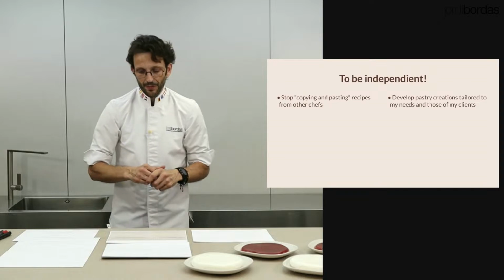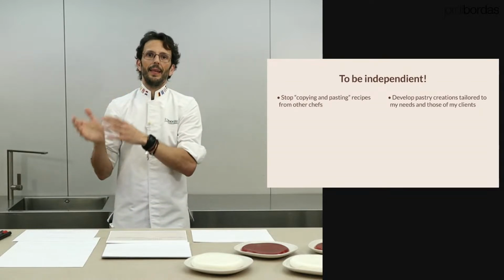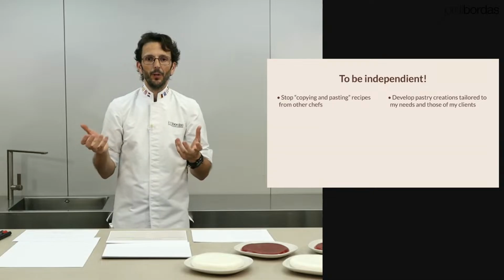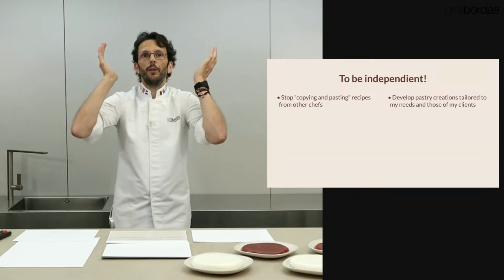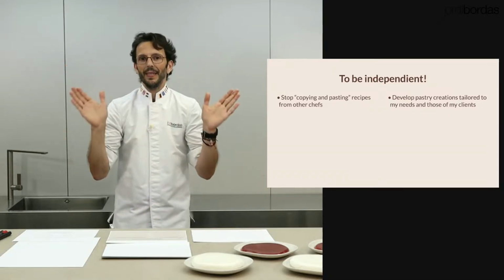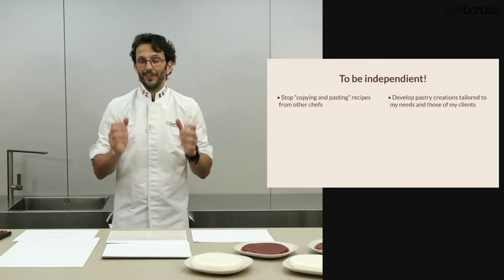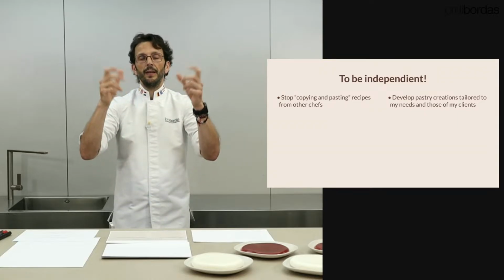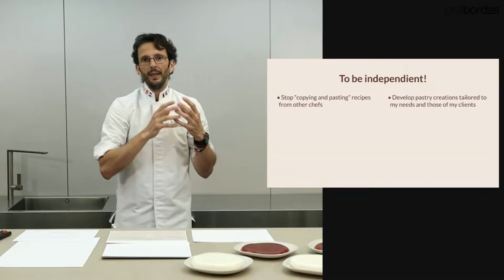The next point was to develop pastry creations aligned to my needs and the needs of my customers. This is so important. If I have a business, imagine that one day, why not, I move to China, to live in China, and the customers are completely different. In China, we have to work with less sweetness because they don't understand the culture of sweetness like we understand in Europe or in America.